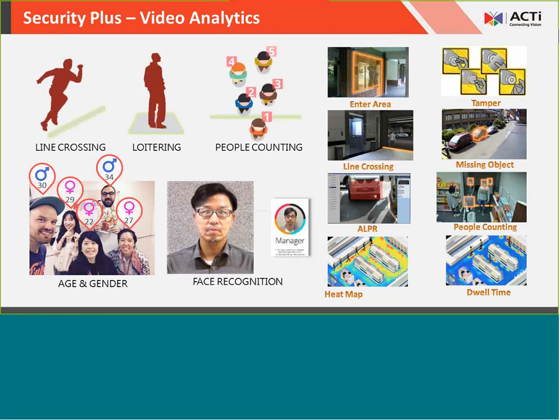So video analytics. Like I said, I'm sorry I didn't really sort this out here, but we can categorize all the video analytics. First, for Security Plus, like line crossing and loitering. These are for Security Plus because they mainly assist the current surveillance system, which mostly depends on motion detection to raise an alert or event, right?